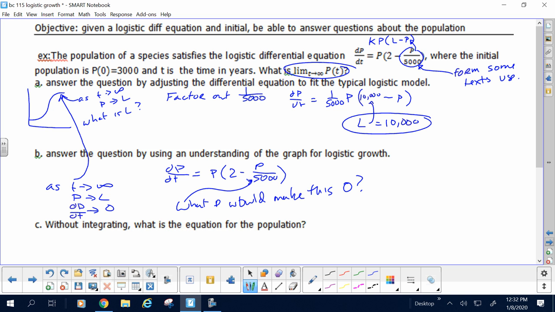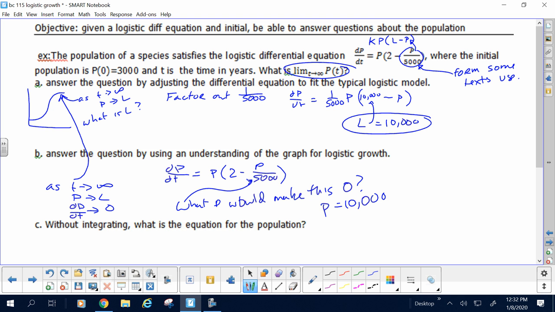Now, obviously, 0 would work, but we know P can't be 0, so think inside. What P would make that 0? 10,000. If P was 10,000, then the growth rate would be 0, and that's what would indicate dp dt is 0, which is what happens at time goes to infinity, right?